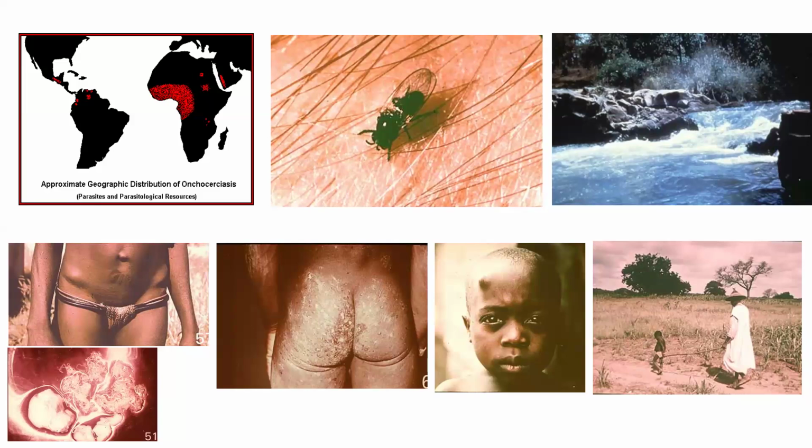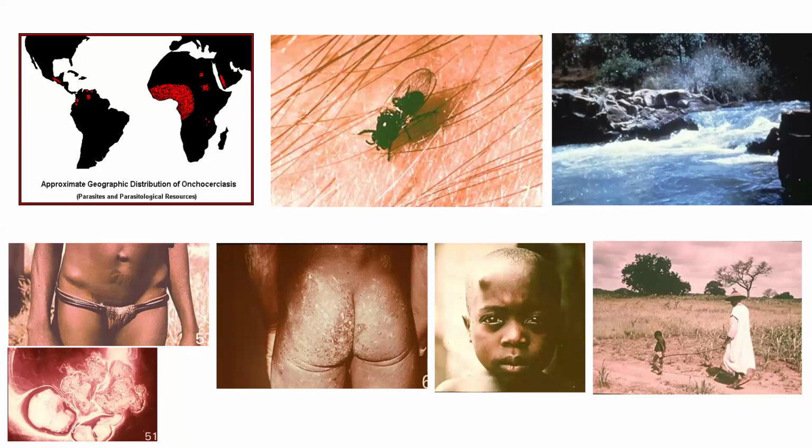The microfilariae are not in the blood, but rather in the dermis, and they excite a severe pruritic reaction, and the patients itch madly and scratch and get secondary bacterial infections.